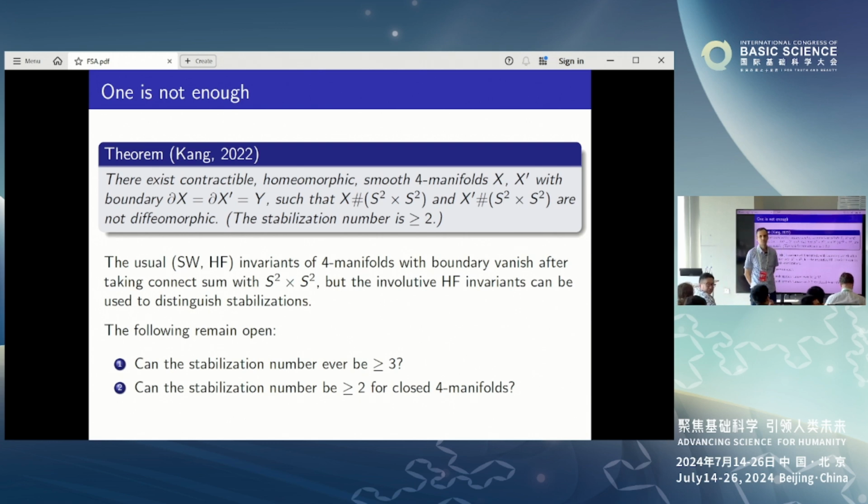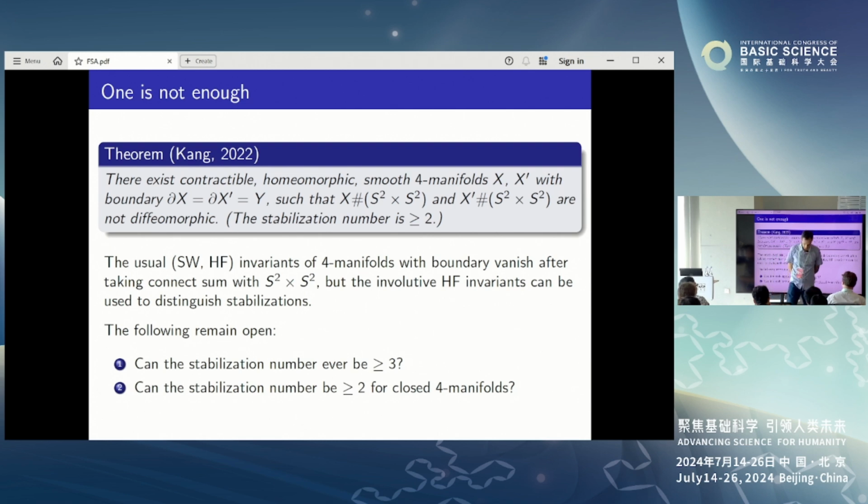Hello, Professor. Since Khovanov homology is related to knot Floer homology by some spectral sequence, I would like to know, do we have some relations between the involutive Heegaard Floer and Khovanov homology, or some generalization of Khovanov homology? Yes, thank you.